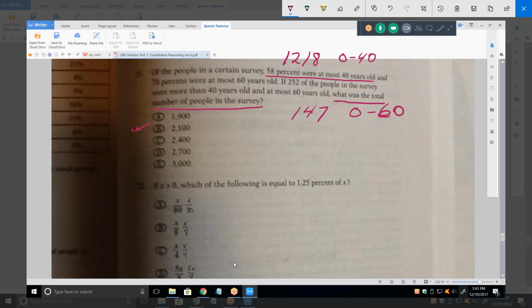If 252 of the people were more than 40 and at most 60, what were the total number of people? Well, how are we going to get that? Based on these two numbers, and assuming 2,100 is correct, how many people are from 40 to 60?